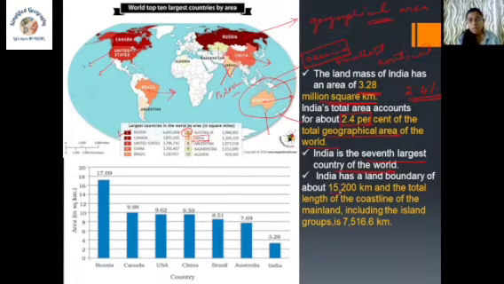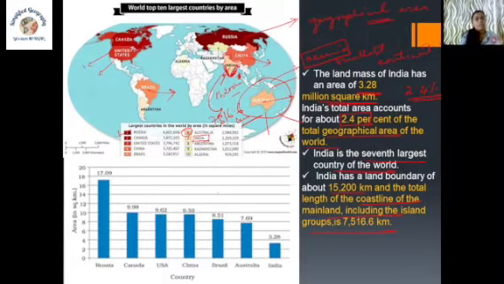Now if you talk about the coastlines including the island groups, there are two island groups, Andaman Nicobar Islands and Lakshadweep Islands. Along with the coastal line from here to here, along with the island groups, we have 7516.6 kilometers.